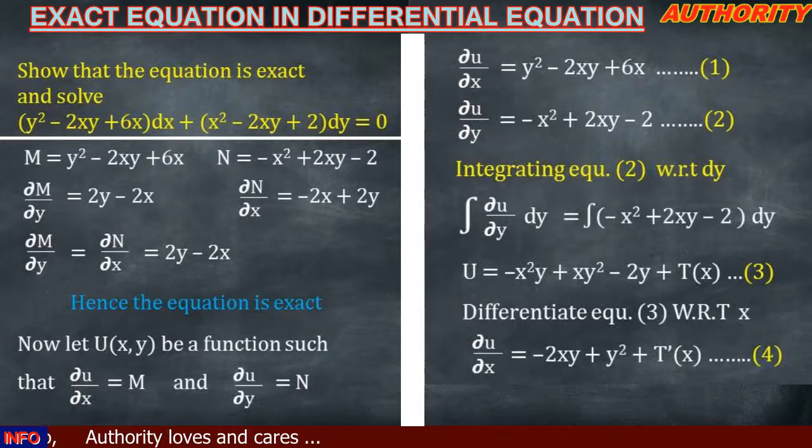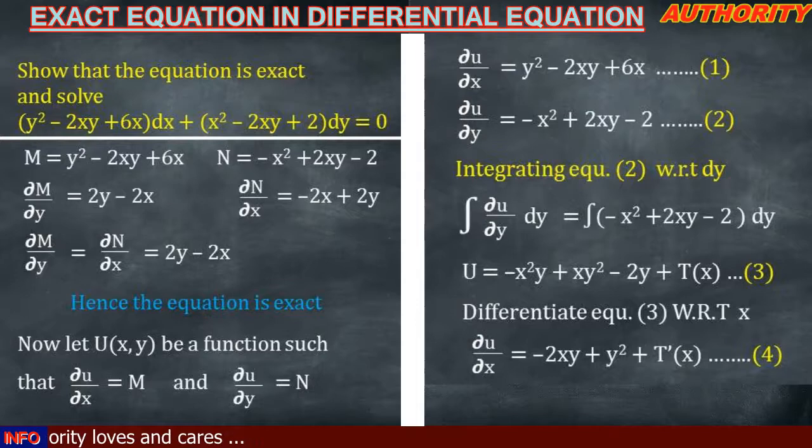Then we have xy squared. When we differentiate with respect to x, it's going to give us y squared. Then plus, we have minus 2y. There's no x, so when we differentiate, it's going to give us 0. Then we have plus t of x. When we differentiate t of x, it's going to give us t prime of x.